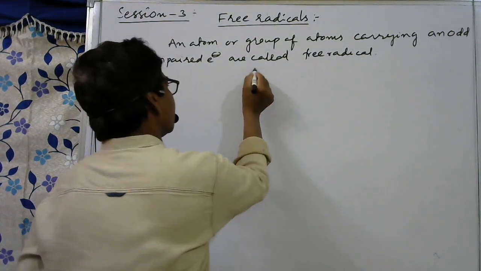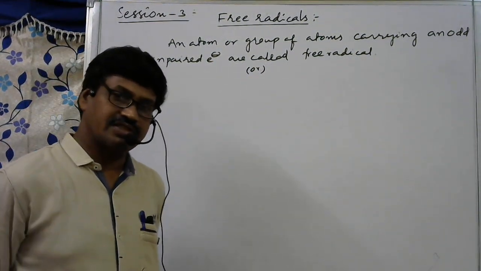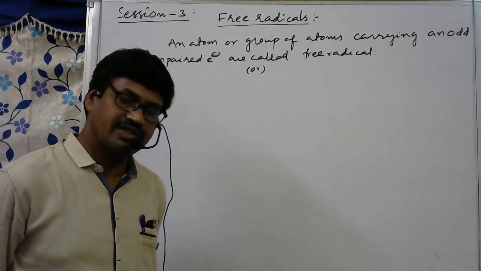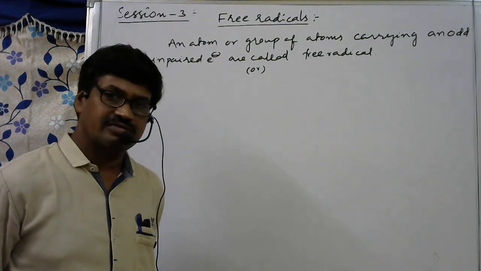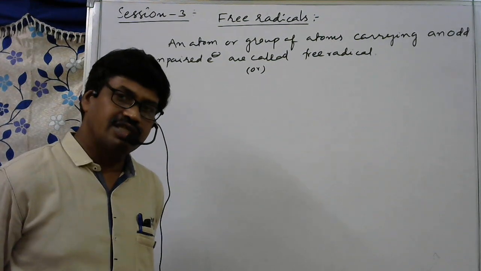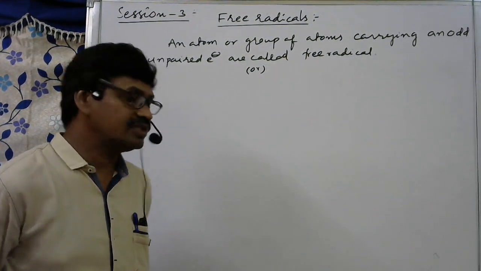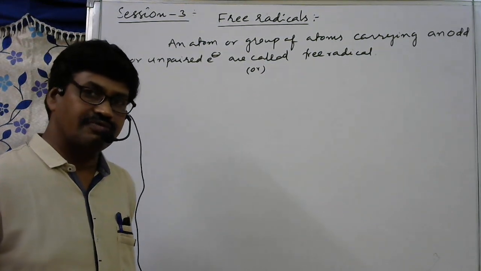Otherwise, we can write the carbon free radical definition. If a carbon atom contains a single electron, otherwise unpaired electron, in its valence shell, and 7 electrons are present, which is less than 8, then that is also called a carbon free radical.